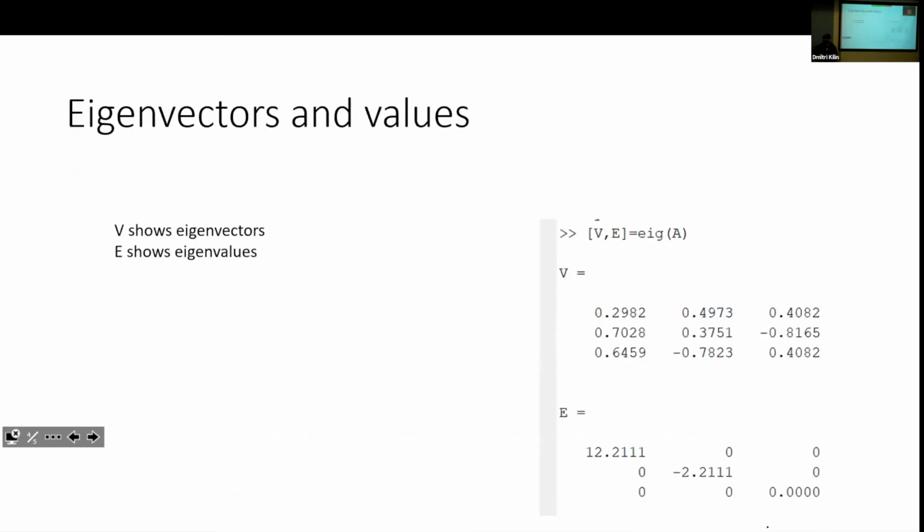So if you put in the command bracket V comma E, for any 2 variables you want, and I pick V and E, for your matrix A, you'll get 2 different sets of values that'll come out. The first, V, will show you your eigenvectors, and then E will be your eigenvalues in that diagonal matrix form.